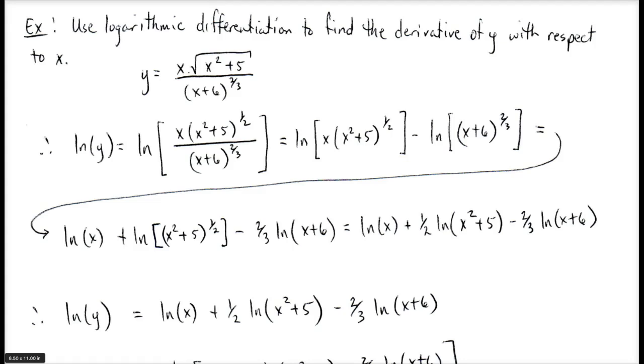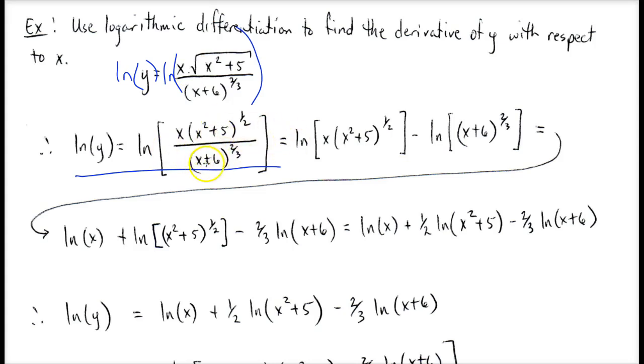So first thing that we do is just take the natural log of both sides here. And so when you do that, you see that's what we have here. I've also changed square root of x squared plus 5 to just x squared plus 5, all that raised to the 1/2.